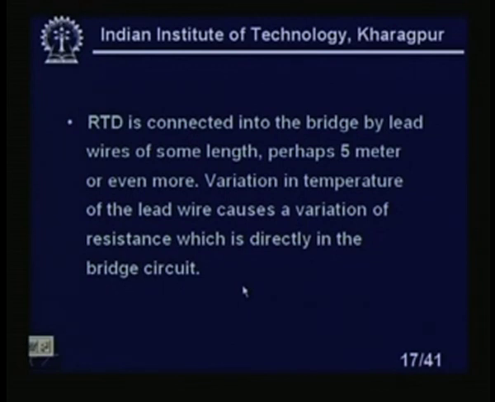Now, another problem is the RTD. You cannot put the RTD very close to the point of measurement, right. I need a certain amount of distance from the point of measurement where I will install the RTD.